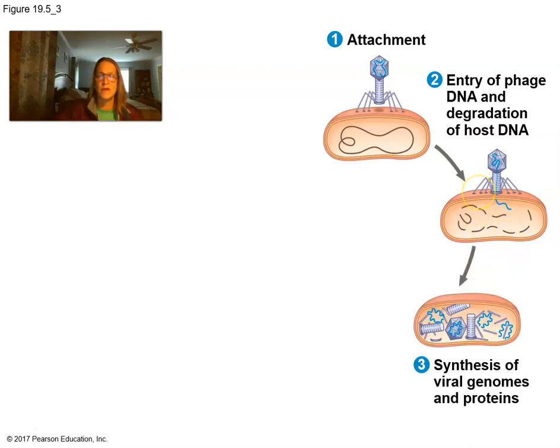Then the DNA that's been injected basically shuts down all the normal function of the bacteria and uses a bunch of materials and mechanisms to make the host cell perform transcription and translation, replication of the phage DNA and of the phage proteins.